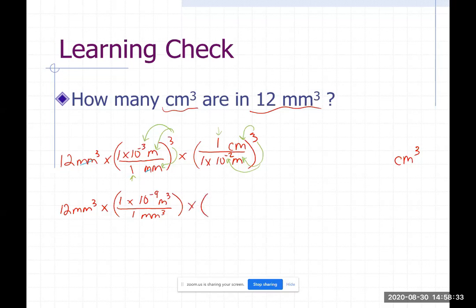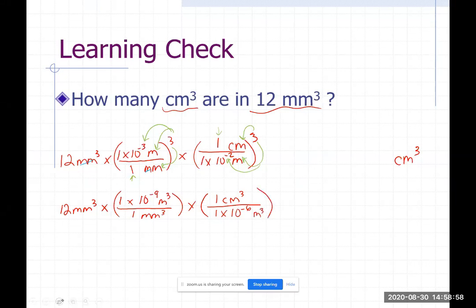Now the next parentheses, that's a 1, so 1 cubed is still going to be 1, but we have cubic centimeters on top now. And then on the bottom, we have 1 times 10 to the negative 2 times 3, which gives us negative 6, and we have meters cubed.